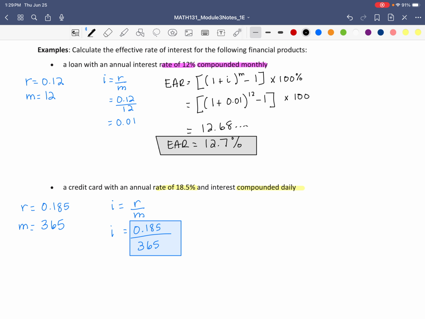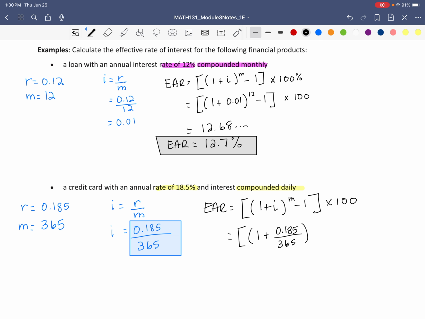Okay, so using my effective rate of interest formula, again, just rewriting the whole thing to remind us everything that we are going to be doing for this formula. My first substitution is for I, which again, I'm going to put in the whole fraction for. You can use your fraction key here.